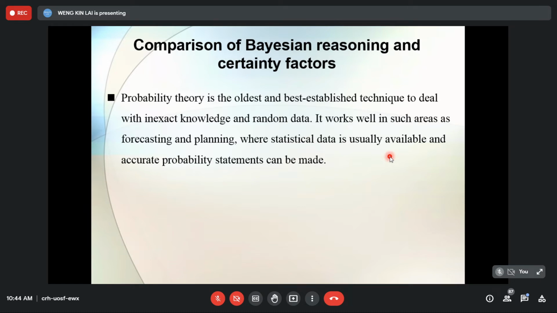So these are the two foundations to support why probability theory works, provided you have sufficient historical data. So you can then make such probability.